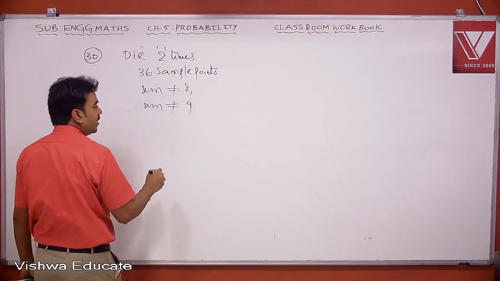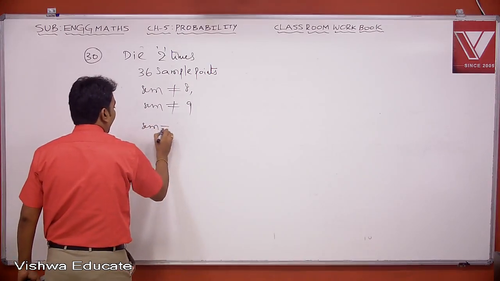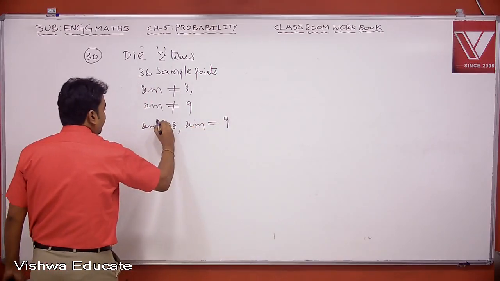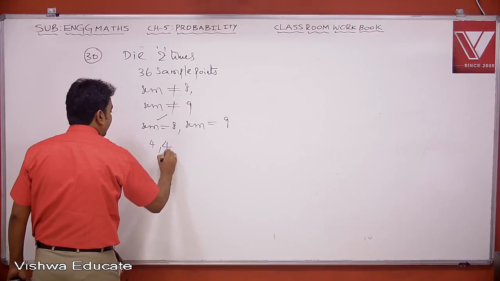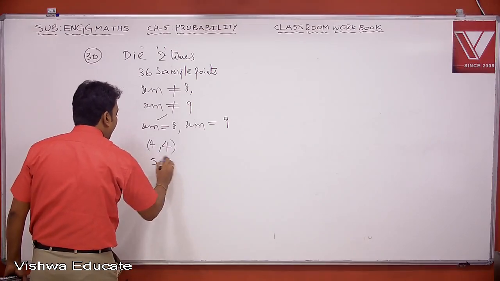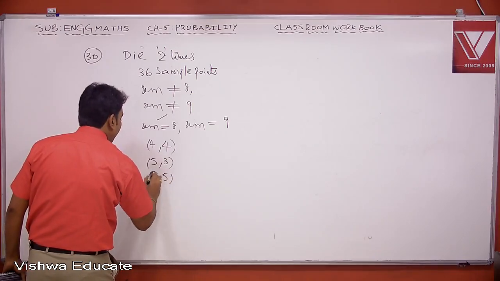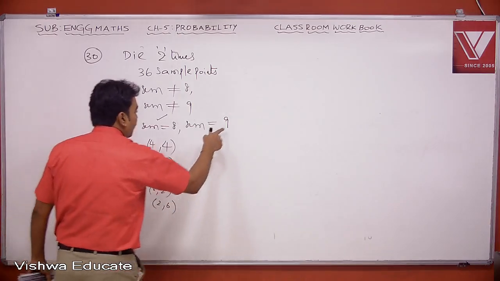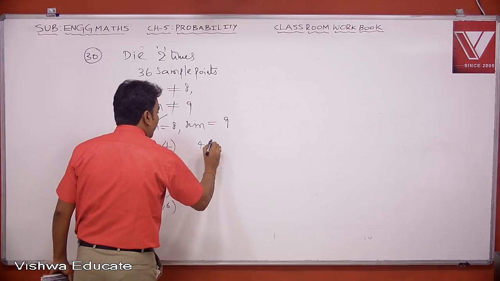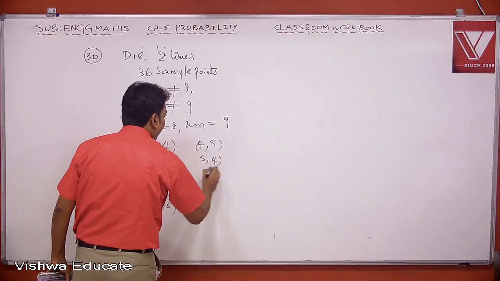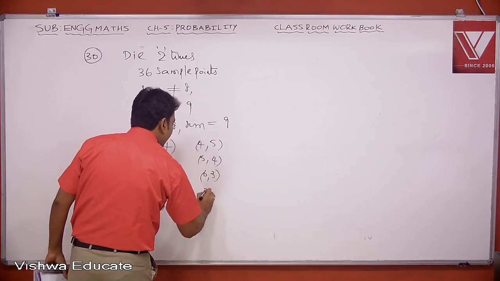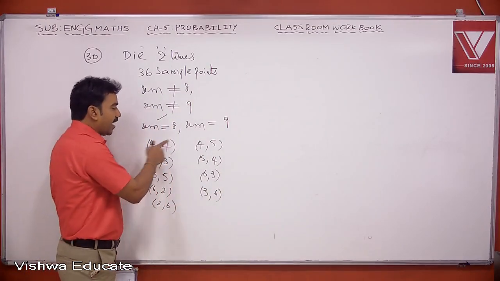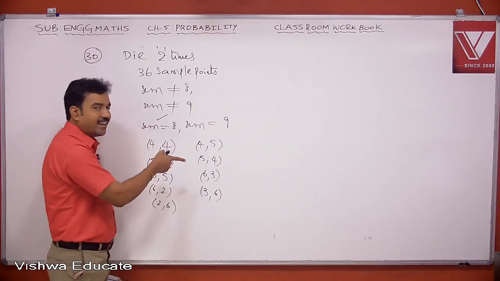But let us see in how many ways you get sum value 8 and in how many ways the sum value is 9. For sum value 8, the sample points are: 4, 4, 5, 3, 3, 5, 6, 2, 2, 6. Now when you take sum 9, the sample points will be: 4, 5, 5, 4, 6, 3, 3, 6. So these are the various cases where the sum is either 8 or 9.